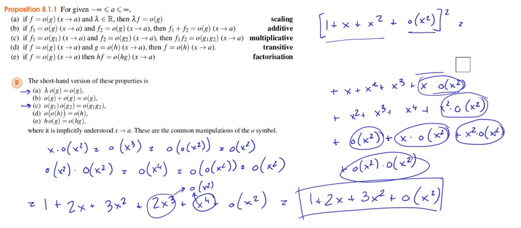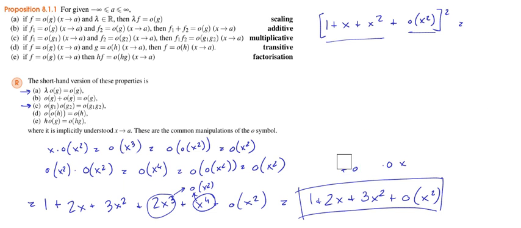Let me start doing again, right? Because once you write one time small o of x squared, you don't need to write it again, right? So this is 1 plus x squared plus small o of x squared, right? And then we have x that multiplies x that multiplies x squared, and then we have x that multiplies x squared, that's x cubed, that's a small o of x squared, we don't really need to care about, right?